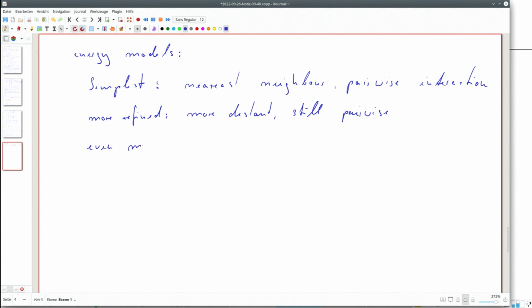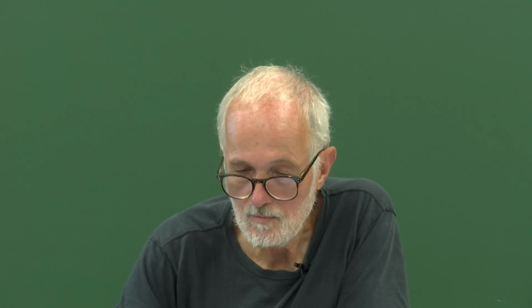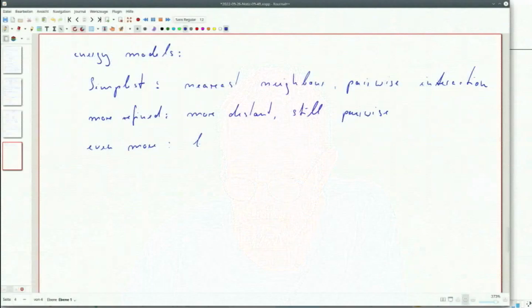Even more complicated is when you go away from this pairwise interaction to triple, quadruple, or whatever you like. And I will show an example in one of the forthcoming lectures for the third one. This allows to make rather realistic modelizations.